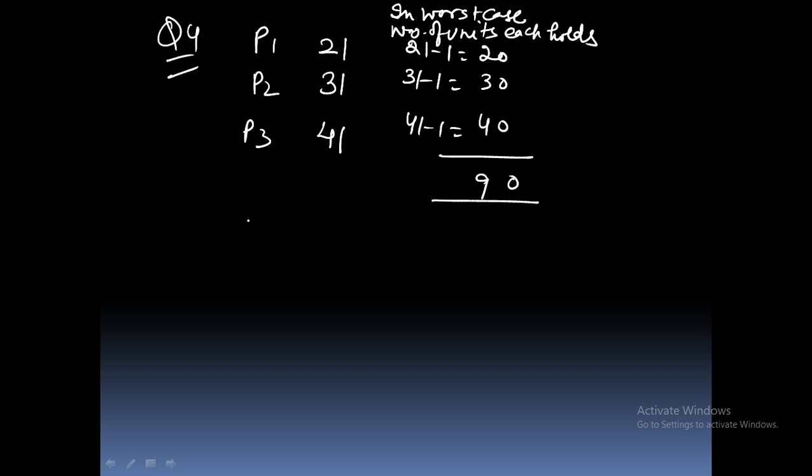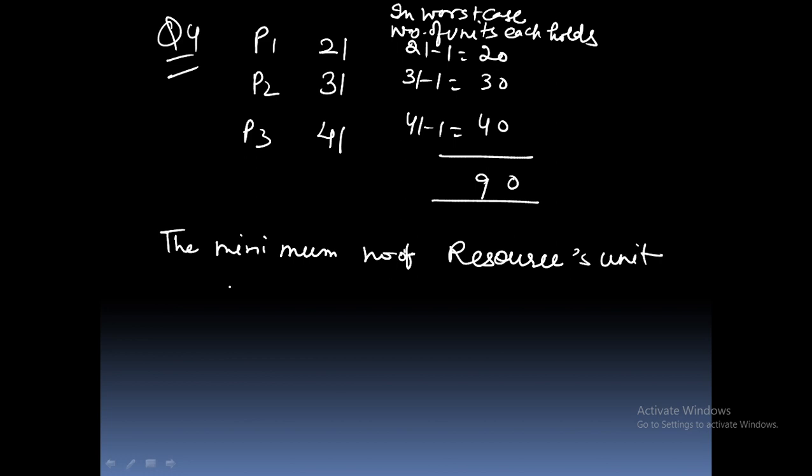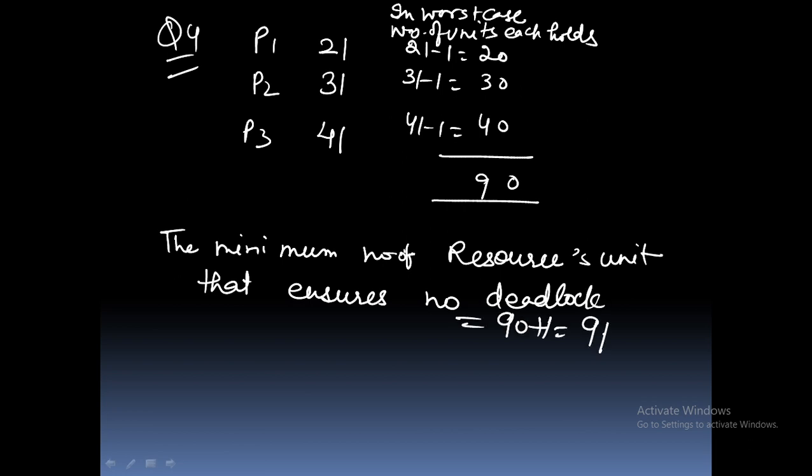This is the worst case when deadlock can occur. The minimum number of resource units that ensures no deadlock will be equal to 90 plus 1, 91. Now next question.